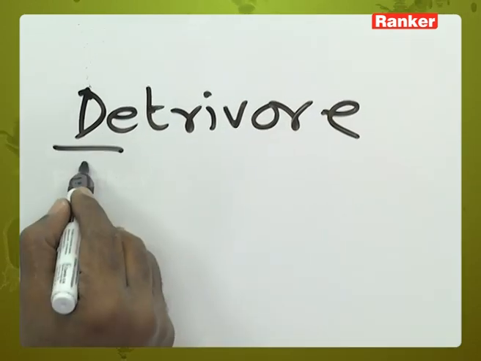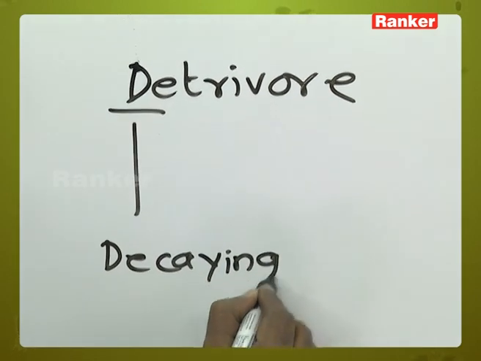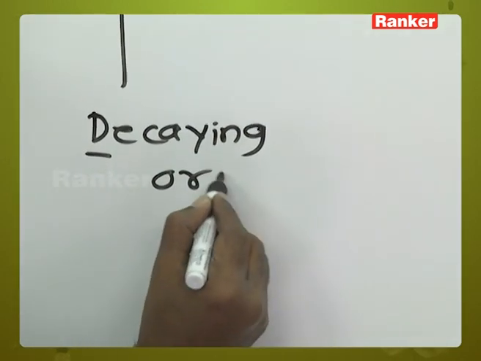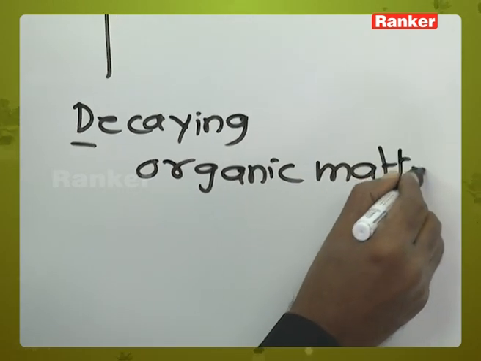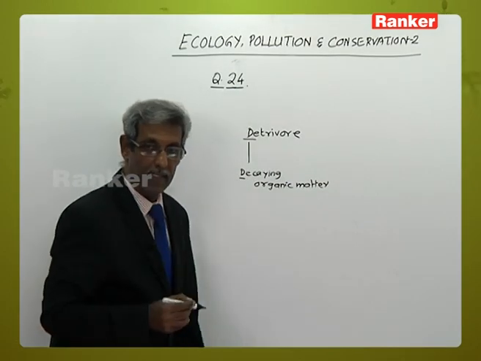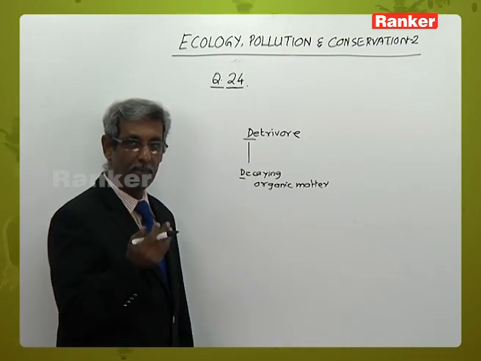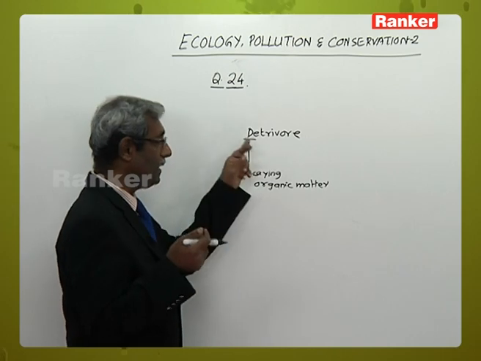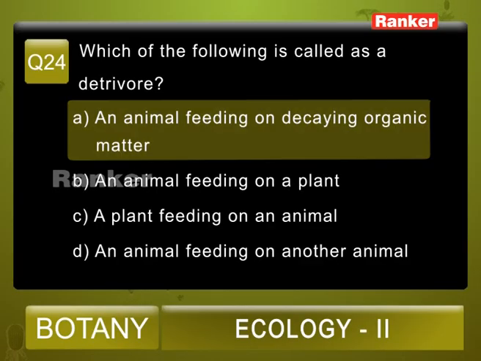In the word detrivore, D comes from decaying organic matter. Hence, any animal which feeds on waste material or decayed organic matter is termed a detrivore. The answer is A.